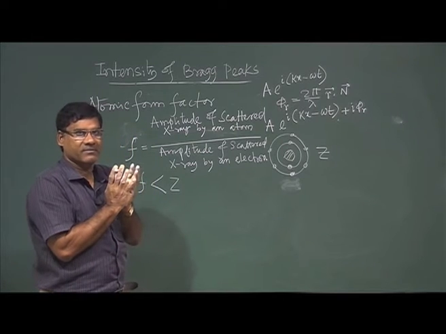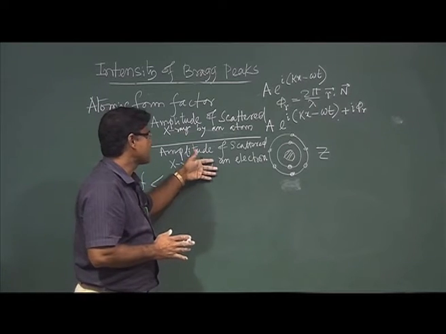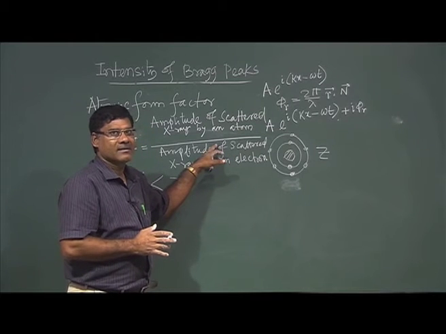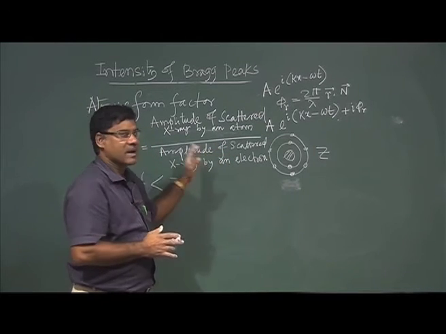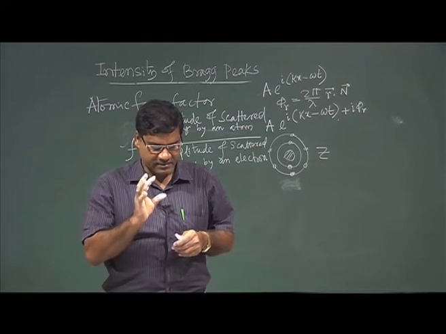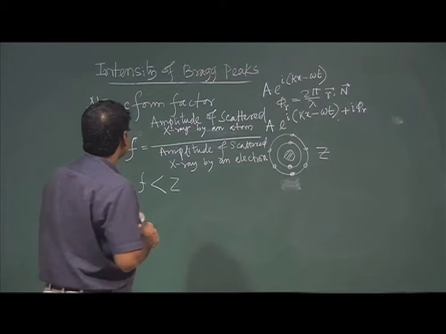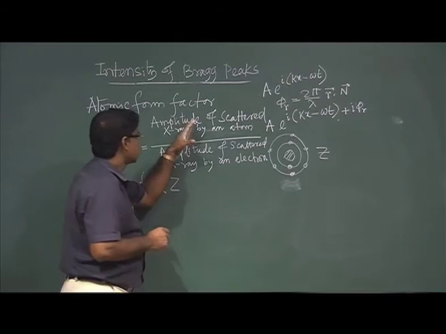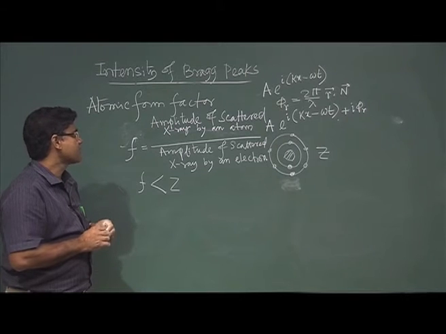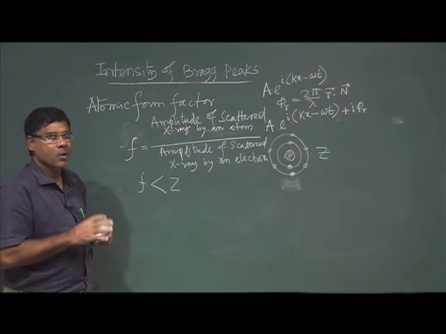So the total is basically Z times of this one, and with that this factor has to be multiplied. Then you will get the actual amplitude of the scattered X-ray from an atom.